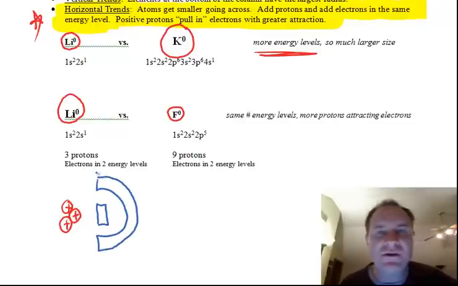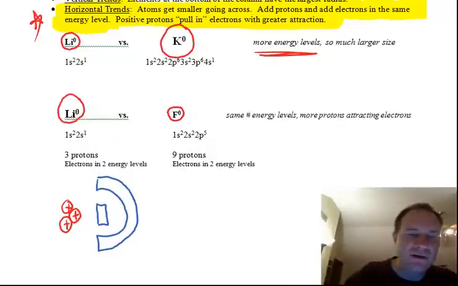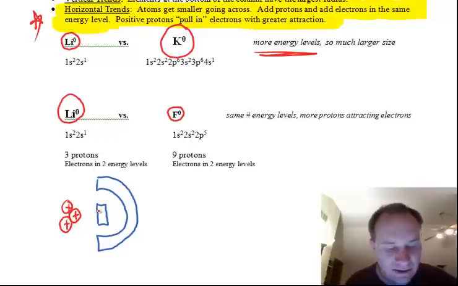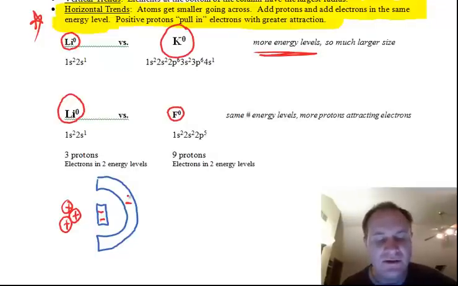And that's what it looks like there. If I put the electrons in, I've got 3 electrons. 2 electrons go in the front row, the 1s2 electrons, and then 1 electron goes in the outermost energy level, the second energy level. Well, 3 protons pulling on 3 electrons. There it is. That's one way to think about it.